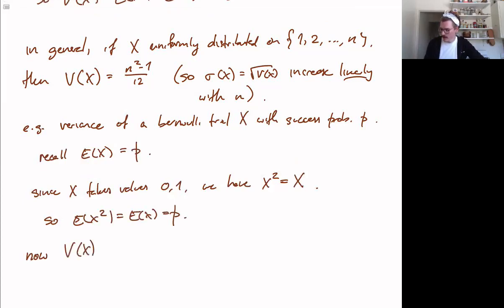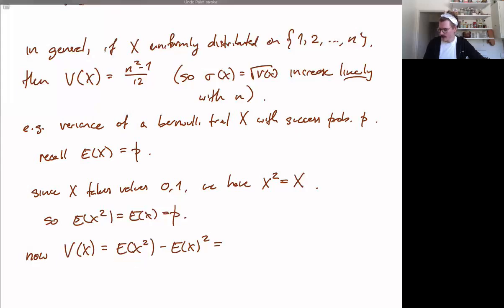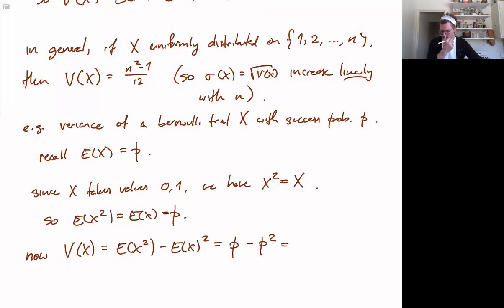And then we can compute the variance. It is the expected value of x squared minus the expected value of x, squared, which is this thing we have said is p, and this thing we have said is p, so it's minus p squared. And it's nice to write this as p times 1 minus p, because often you can imagine a Bernoulli trial as having two parameters, p and 1 minus p. These are the two probabilities.